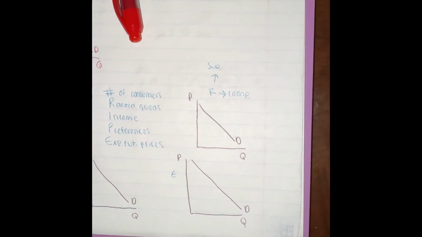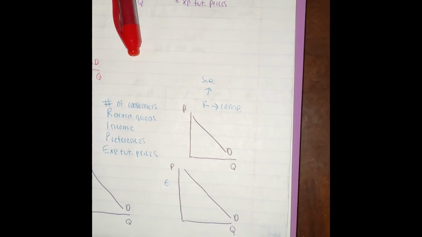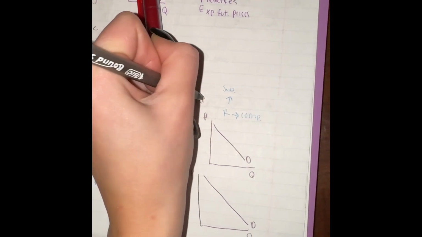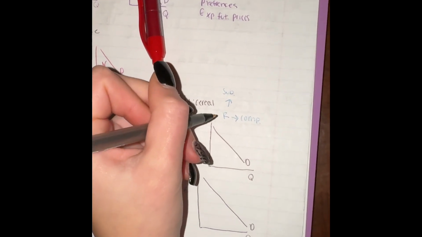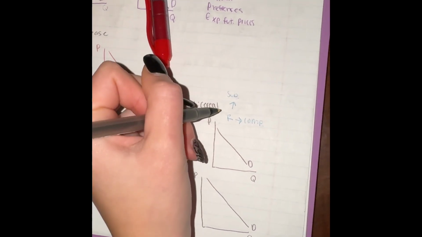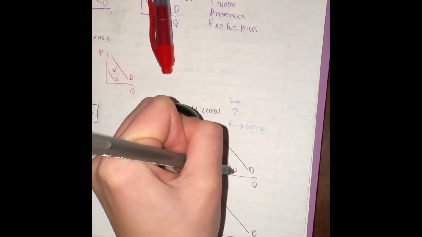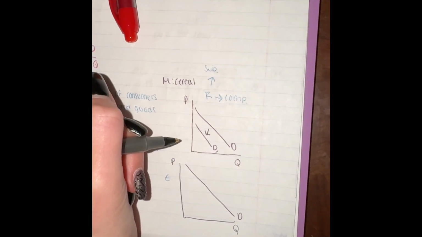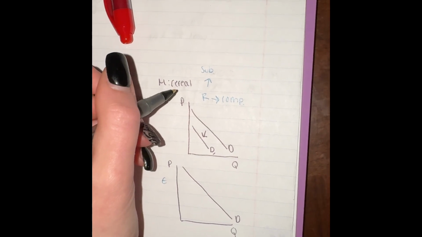When it comes to milk, a complement can be cereal. So let's say cereal increases in price. Now, when cereal has an increase in price, the demand for milk is going to decrease because people are not going to want to buy the cereal because of how expensive it is.